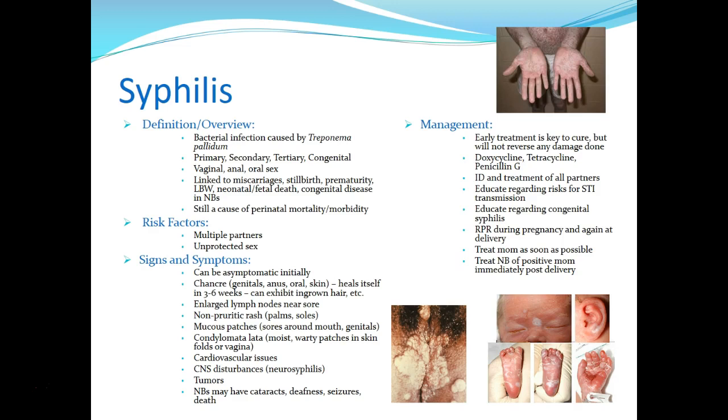We treat a mom as soon as possible if this RPR comes back positive. And if the mom is positive, we treat her newborn immediately after delivery so that we can hopefully prevent any type of congenital syphilis.